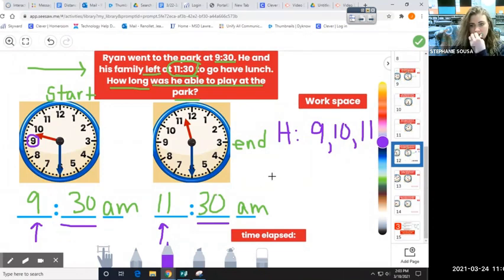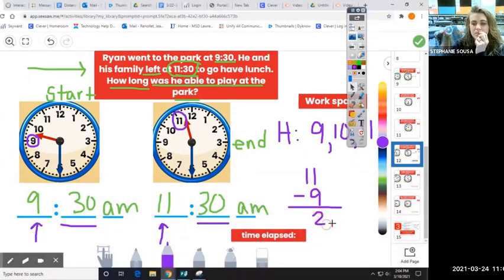Or I could think about the difference between the end time and the start time. If Ryan's family left the park at 11:30 a.m., I know that 11 is greater than 9, so I can subtract 9 hours from 11 hours to see that 2 hours have passed.